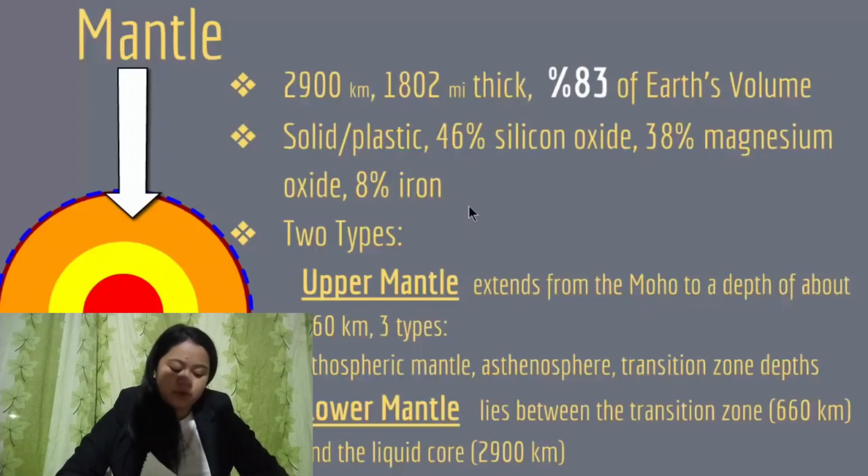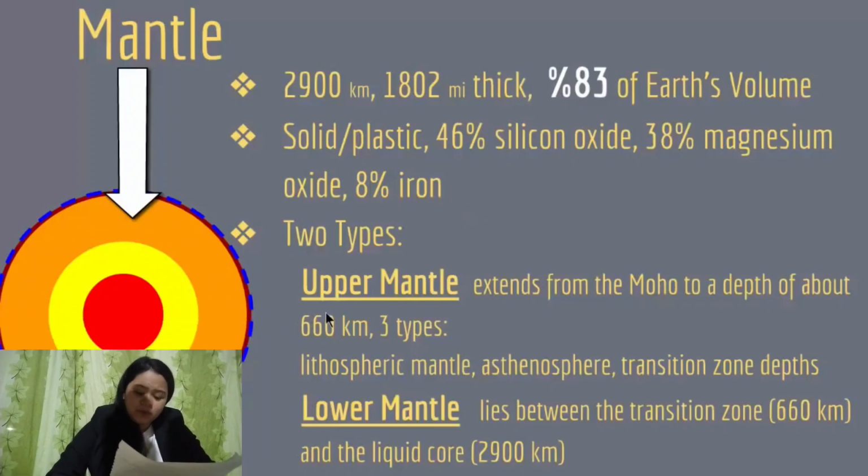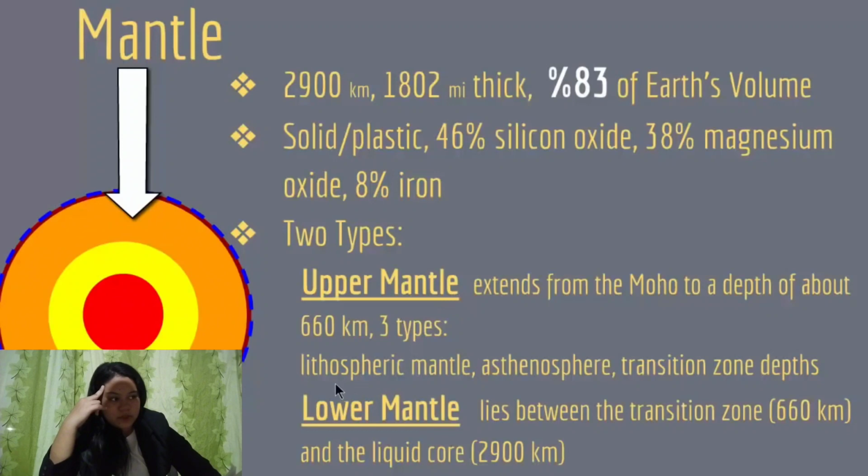It has different temperatures at different depths. The lowest is immediately beneath the crust, and it increases with depth, up to the highest at the core. The increase of temperature with depth is known as the geothermal gradient.